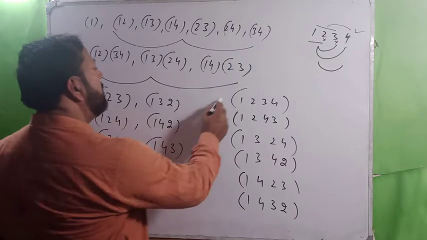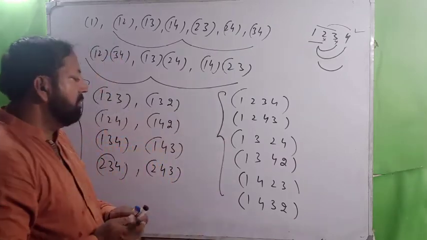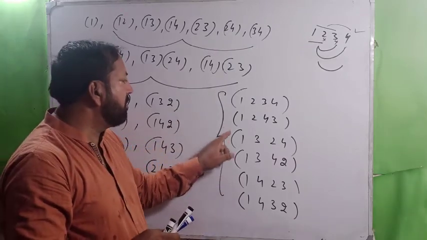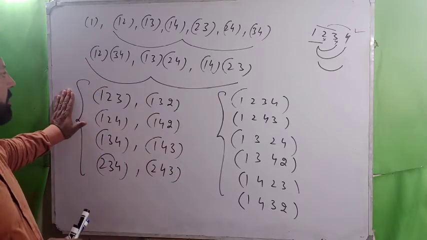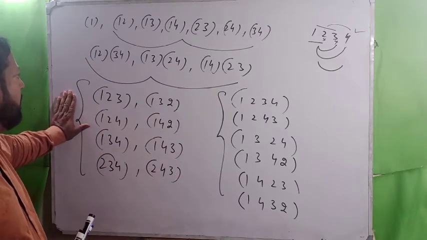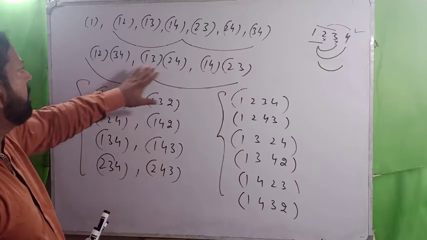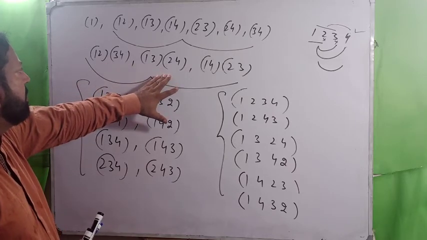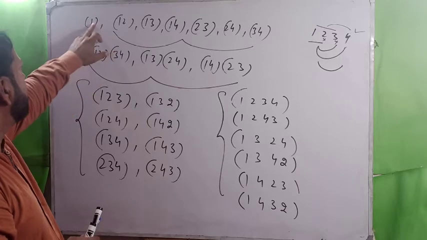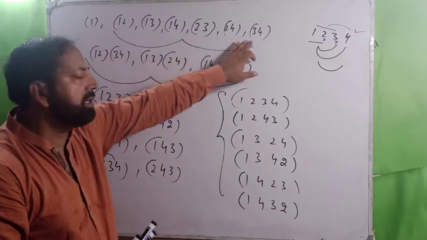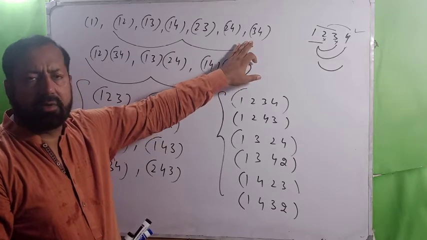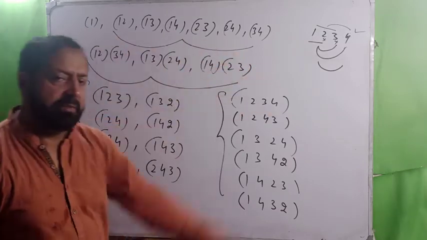Okay, so these are the 6 elements. 6 and 8 is 14, 14 and 3 is 17, 17 and 1 is 18, 18 and 6 is 24. These are the 24 elements.